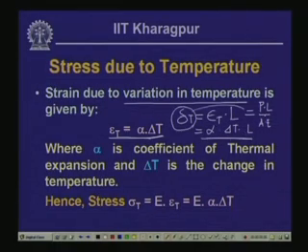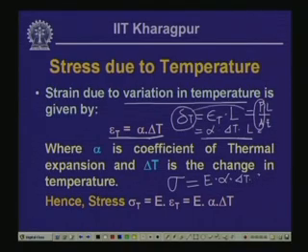Now, the parameter P by A, the force divided by the cross sectional area, we can write that as stress. So, stress sigma is equal to E times alpha times delta T times L divided by L, and this L gets cancelled out.